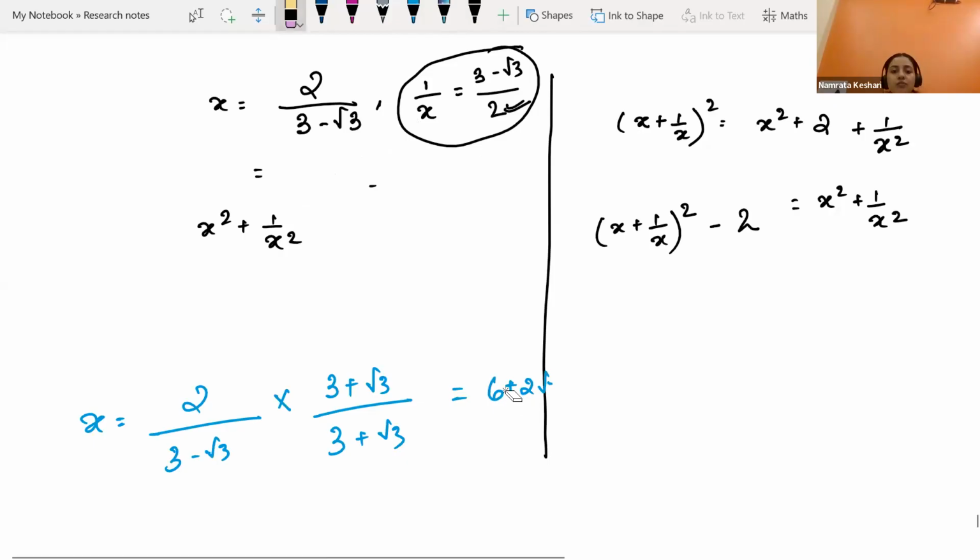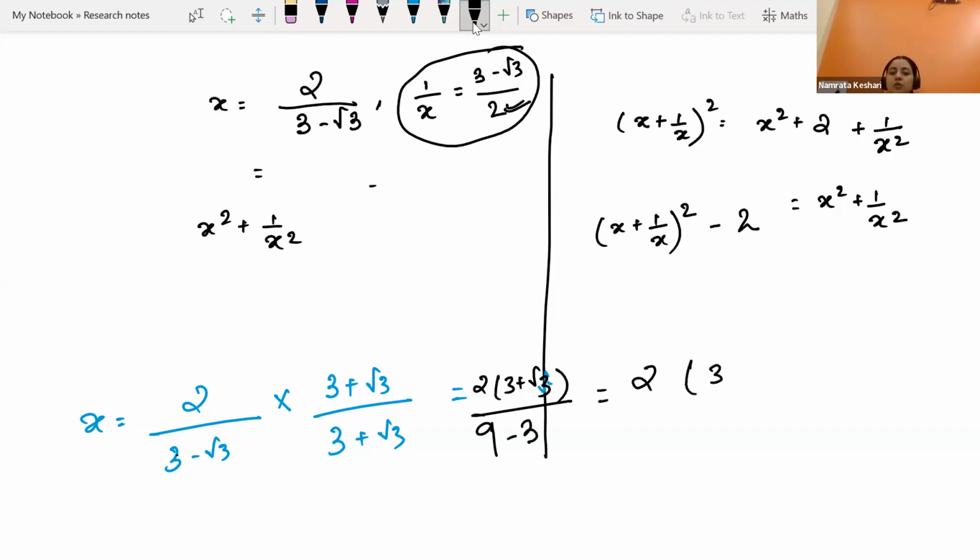Who knows, later on we'll be able to cancel 2. So I'm keeping 2 just like this, and 3 plus root 3. And in the denominator, 3 square minus root 3 square. 3 square is 9 and root 3 square is just 3. Oh yeah, we are able to cancel out this 2. This is what we are having in the numerator, and in the denominator we are having 6. It became just this one.